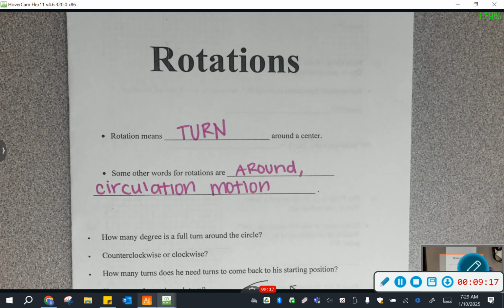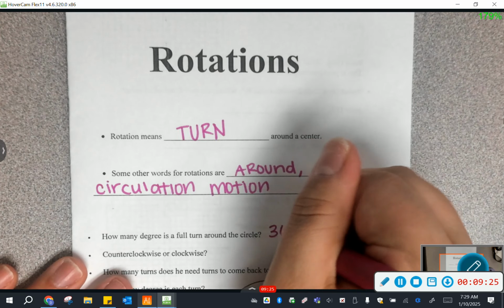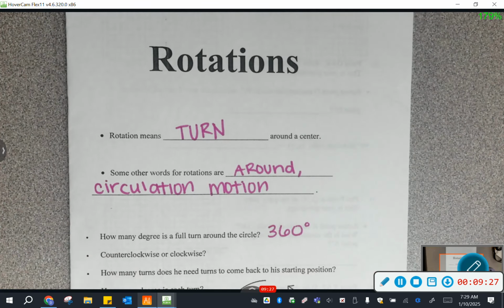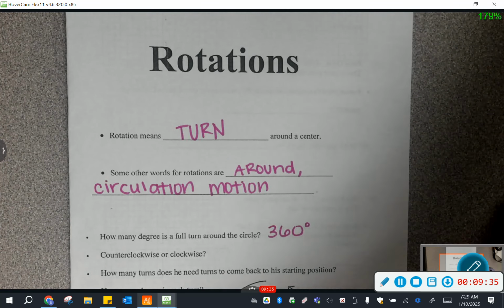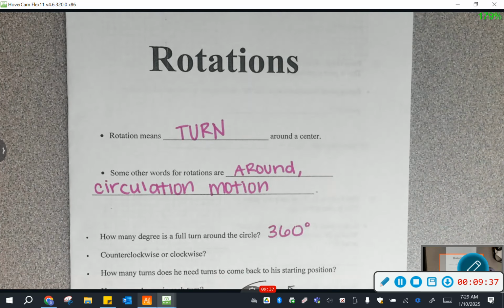So back to what Maya said, what would be a full turnaround in a circle? 360 degrees. In this class, do you know what it means to be clockwise or counterclockwise?